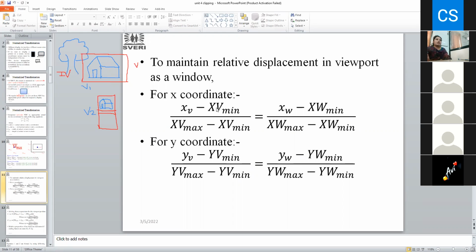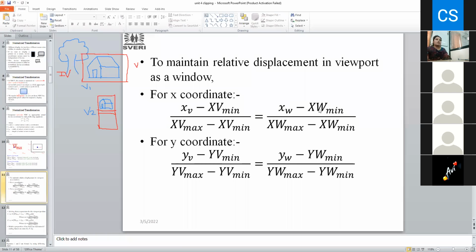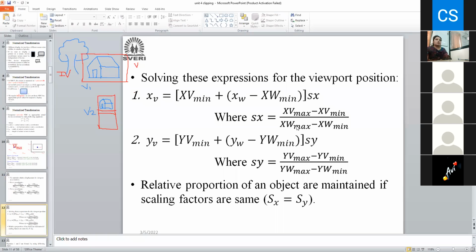Then I will add this term, which is minus on this side, so I will add it here. So xv is equal to this multiplied by this term plus xv min. So xv min is added, after that xw minus xw min is your first term, and it is multiplied by sx. What is sx? The xv max that was at the bottom is cross-multiplied here, over the term xw max minus xw min.